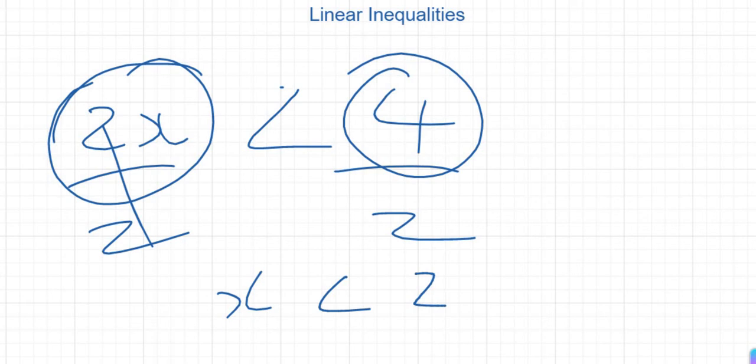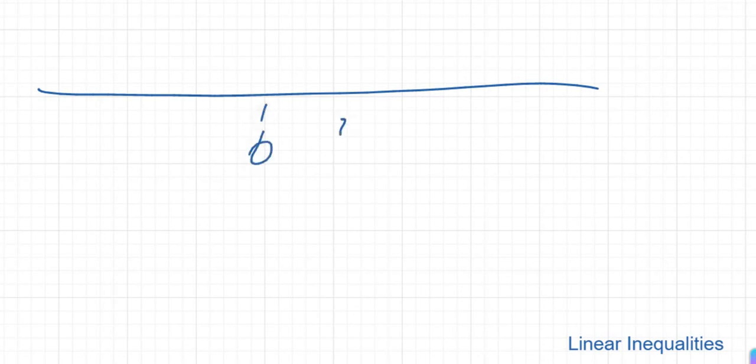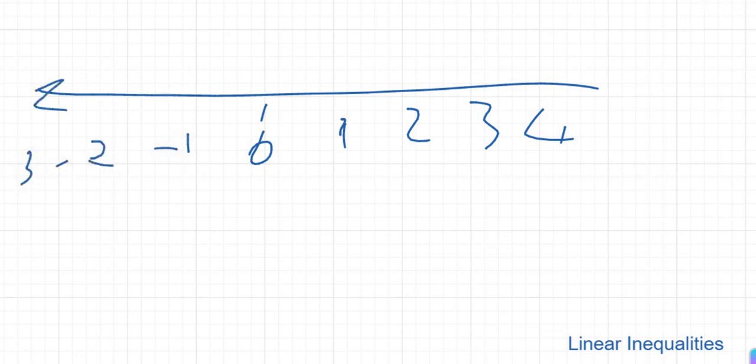So if x is from 1.9 going straight down to negative infinity, then this expression will actually be true. Because if I try any number, if I draw a number line and say 0, 1, 2, 3, 4, and -1, -2, -3, and put arrows to say it is continuing.